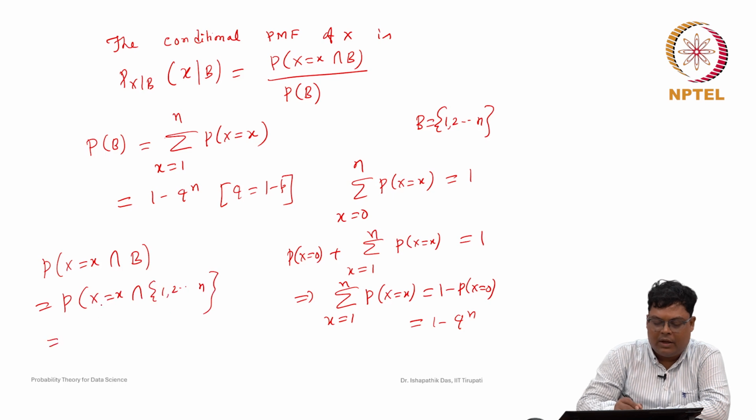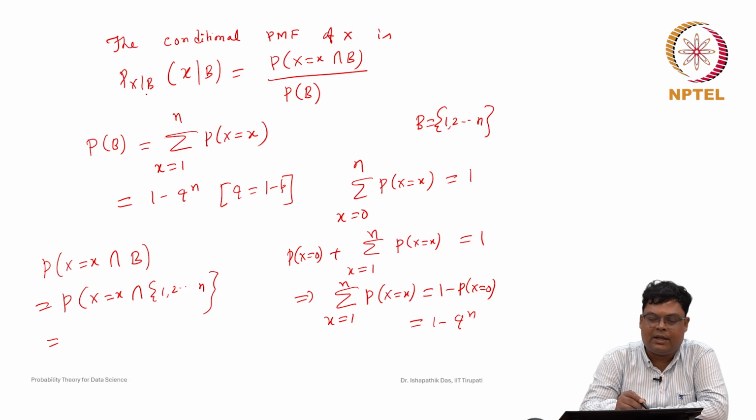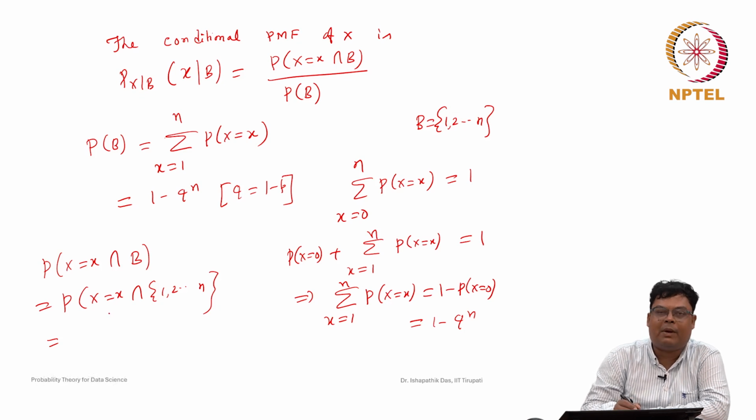Note that x is a binomial random variable, so it can take the values 0, 1 to n. This intersection will be the null set if x is equal to 0, because 0 does not belong to 1 to n. So this probability is 0 if x is equal to 0.